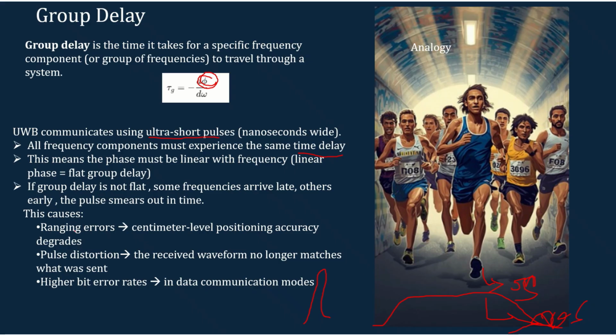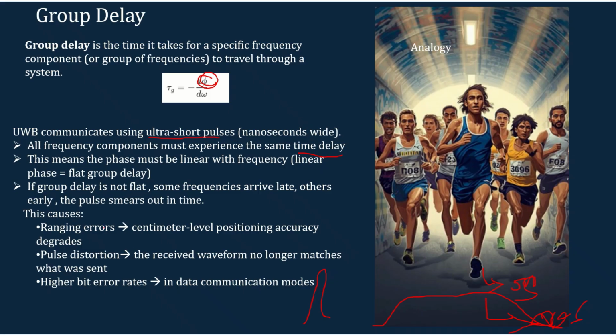This will cause ranging errors because it will no longer be a narrow pulse, and it can cause ranging errors, pulse distortion and high bit error rates. So these are some of the issues if there is group delay variation.